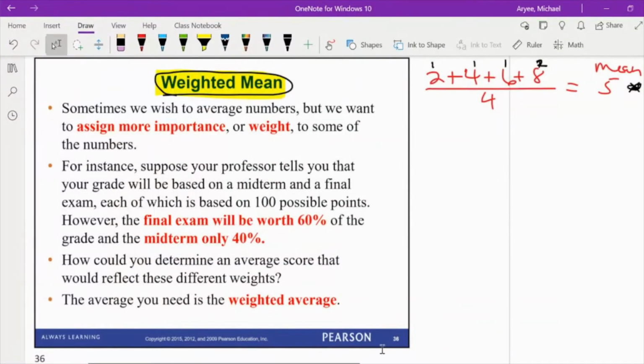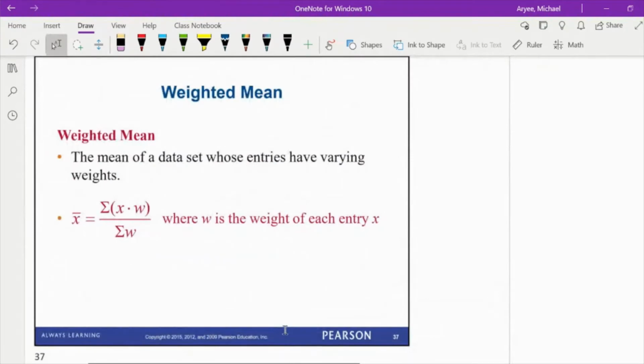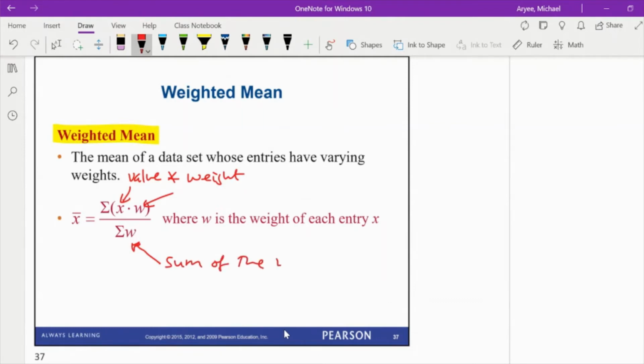So let's look at an example. In general, when we say weighted mean or weighted average, we take the value and multiply it by the weight assigned to it, and then we divide by the sum of the weights.